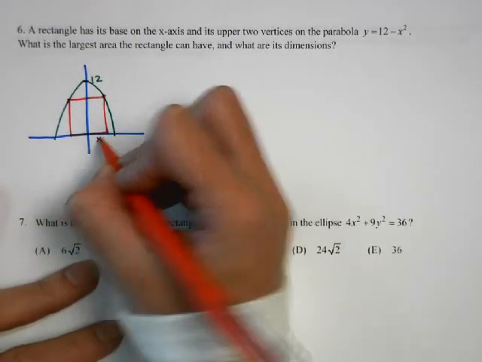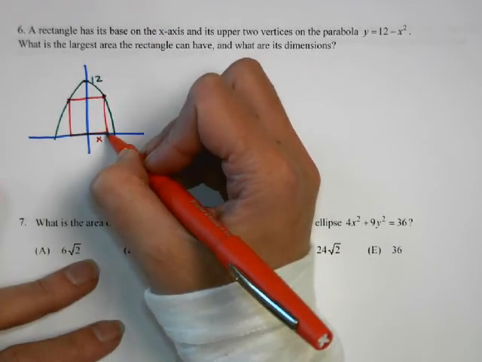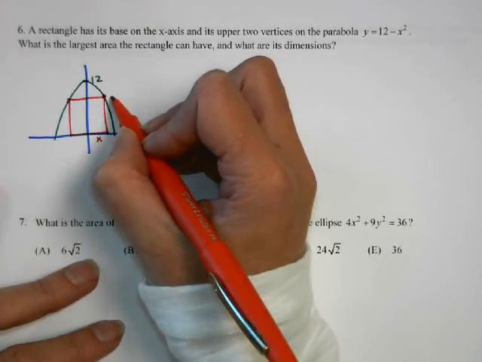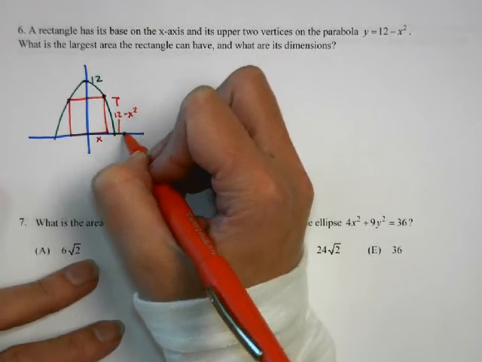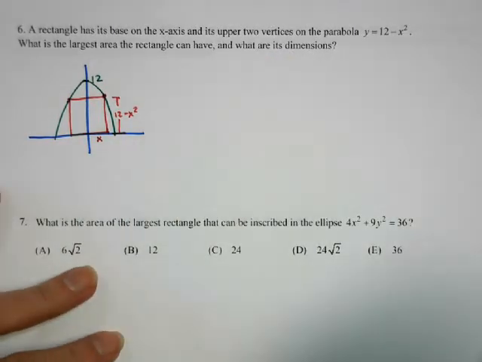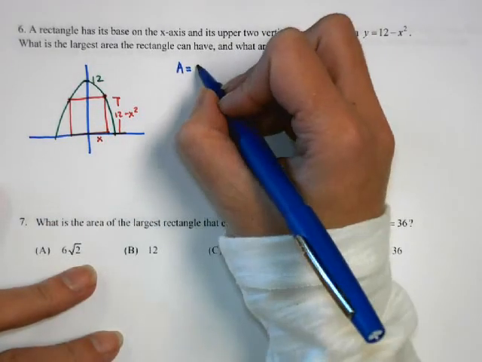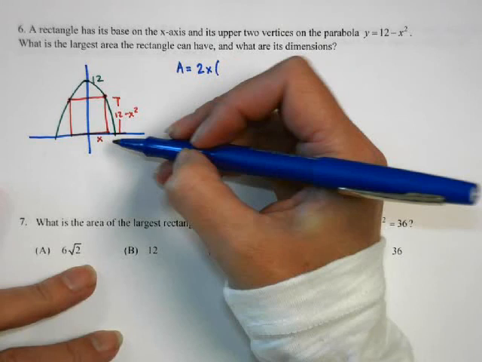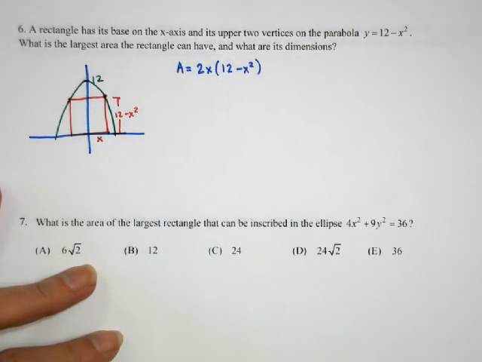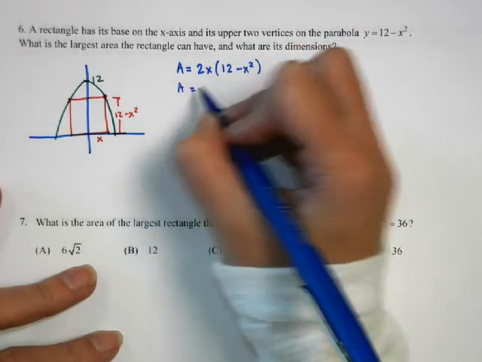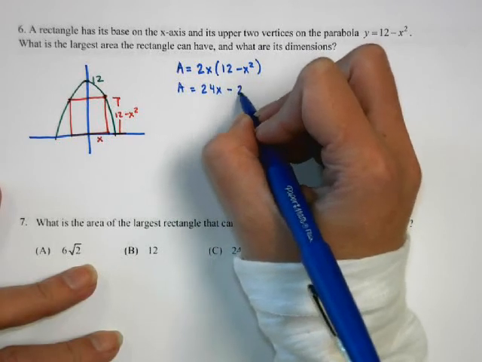So this is going to be x. This dimension, whatever based on x, this dimension is going to be 12 minus x squared. Okay, so the area here, the base of this rectangle is going to be 2x. The height of the rectangle is going to be 12 minus x squared. So the area is going to be 24x minus 2x cubed.